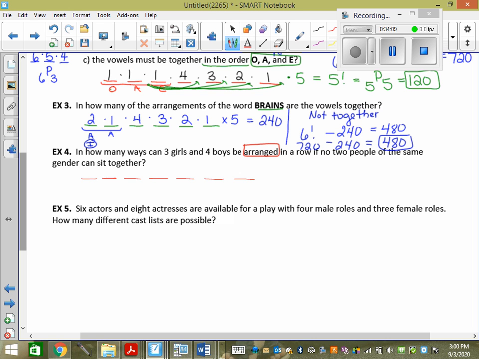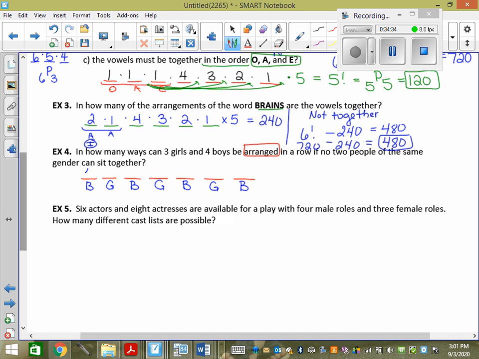So how can I do this so that no 2 people of the same gender sit together? What would I have to do? Would you alternate boy, girl? Right. What would I have to start with first? Because there's more. So I'd have to go boy, girl, boy, girl, boy, girl, boy.